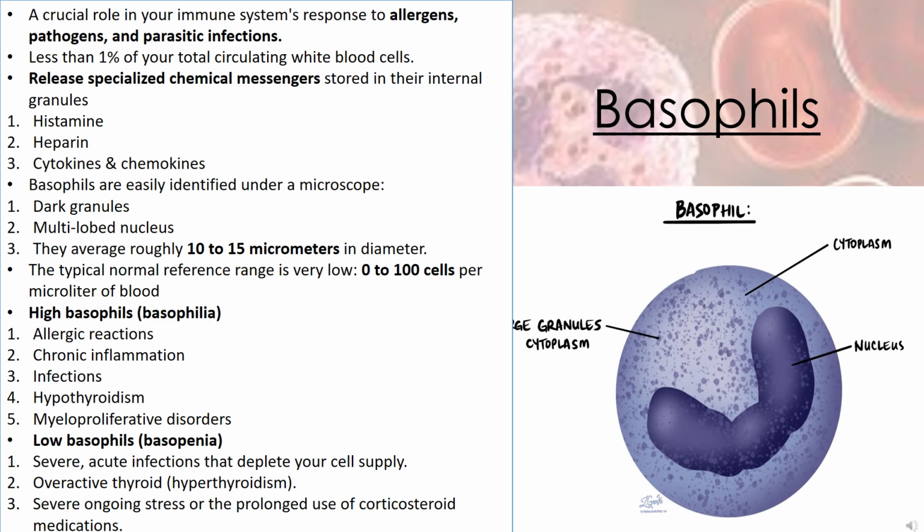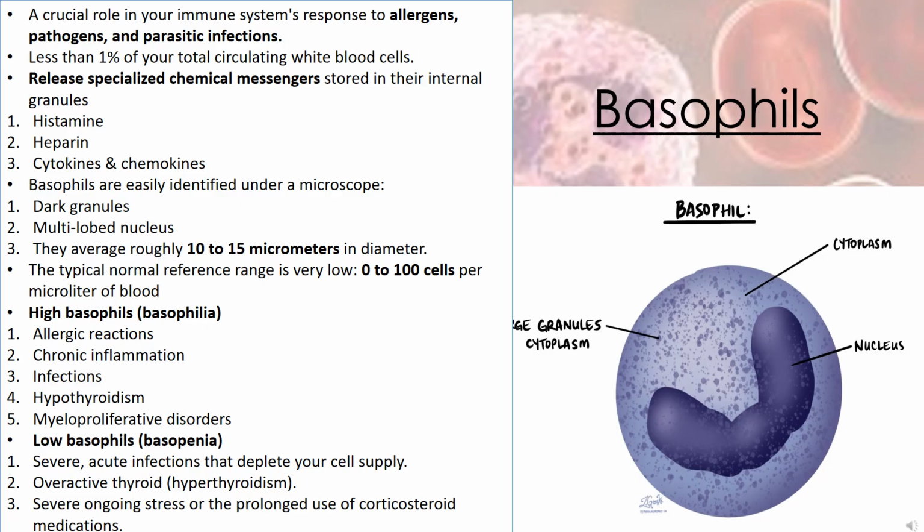A standard complete blood count, CBC, with differential test measures your basophil levels. The typical normal reference range is very low, 0 to 100 cells per microliter of blood, or 0% to 1% of total white blood cells. When your absolute basophil count is elevated, it means your immune system is actively fighting something or experiencing chronic stress.